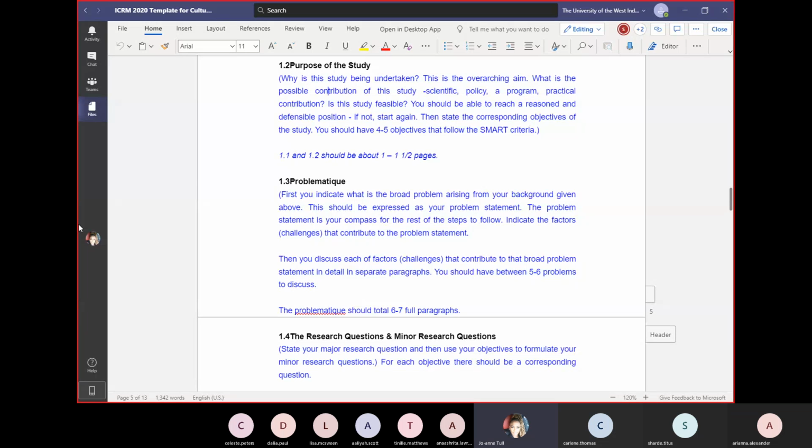All right. Let's look now at what Caroline and Ariana did. They did the best problematic worksheet. This research is important because there seems to be a lack of knowledge about national dance being the limbo in secondary schools. Note your grammatical errors and typos, because you will lose marks for that. Remember, it's Intro to Culture Research Methods, so watch your typos.